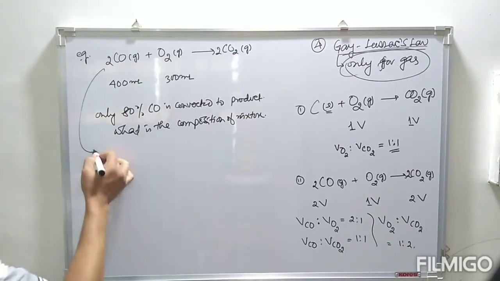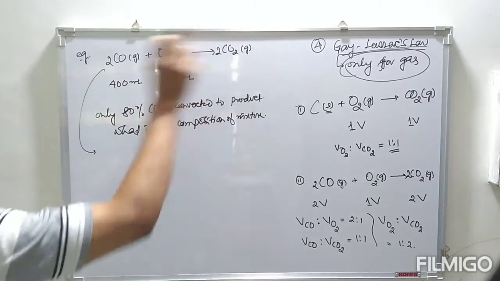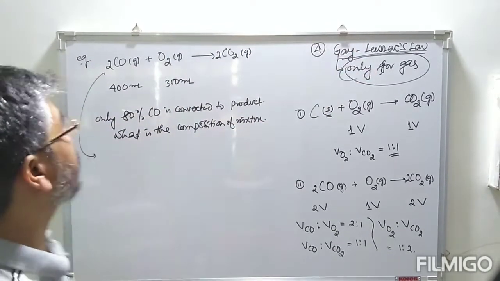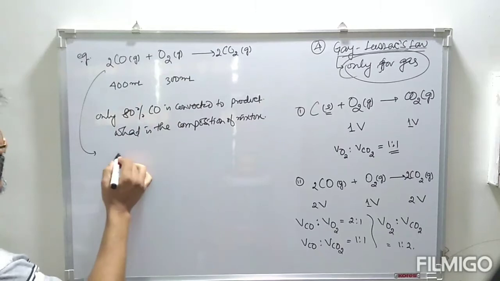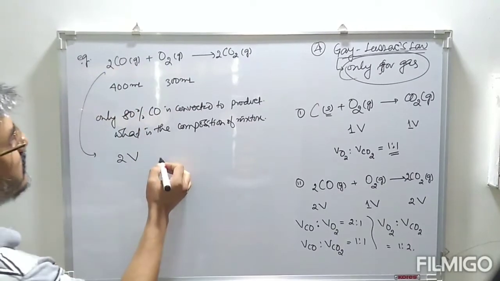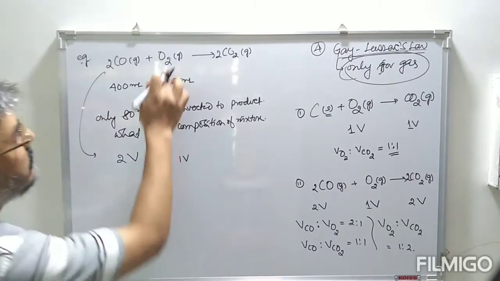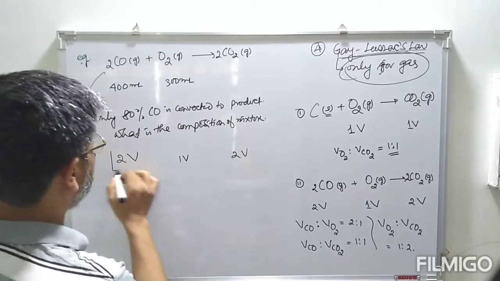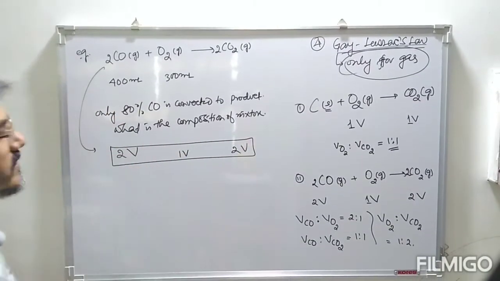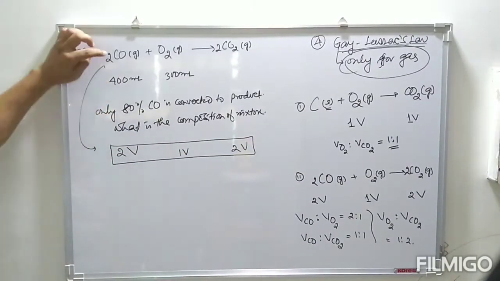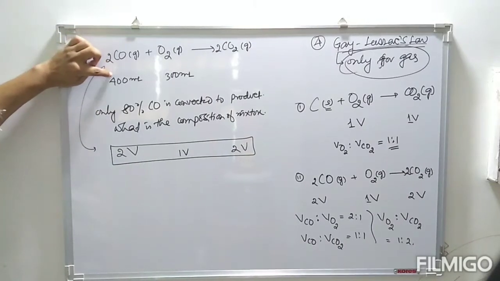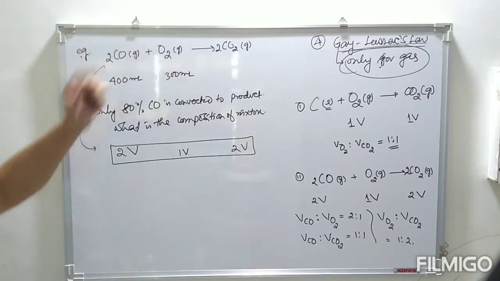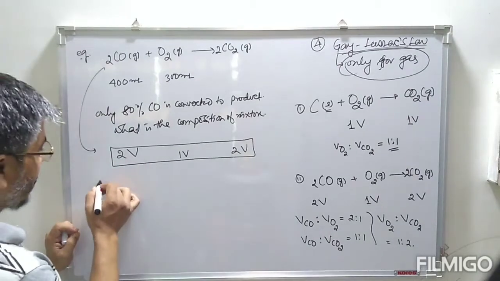So look at this. The components are gases, so we can easily apply this Gay-Lussac law of combining volume. So according to this balanced reaction, 2 volume of carbon monoxide always reacts with 1 volume of oxygen, and this gives you 2 volumes of carbon dioxide. But the question says, from this initial 400 ml of carbon monoxide, only 80% is converted. So therefore look at it.